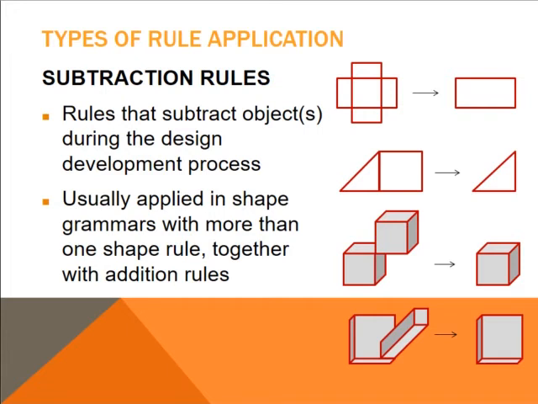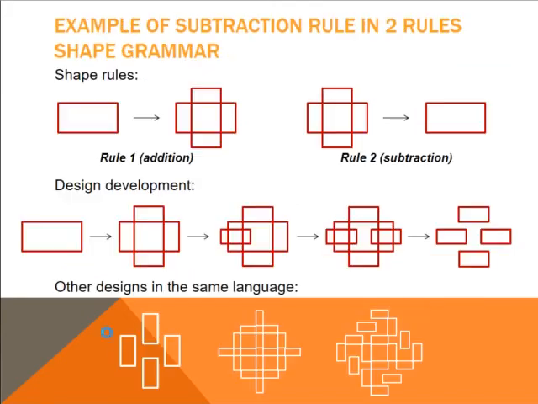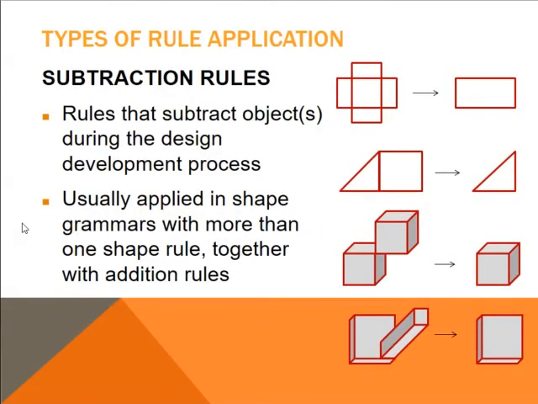So just imagine if, let's say, you only have one shape rule and it is a subtraction rule. Okay, let's say you start with this shape. I mean the rule is this. This is the rule. Oh, sorry. That's not appropriate.